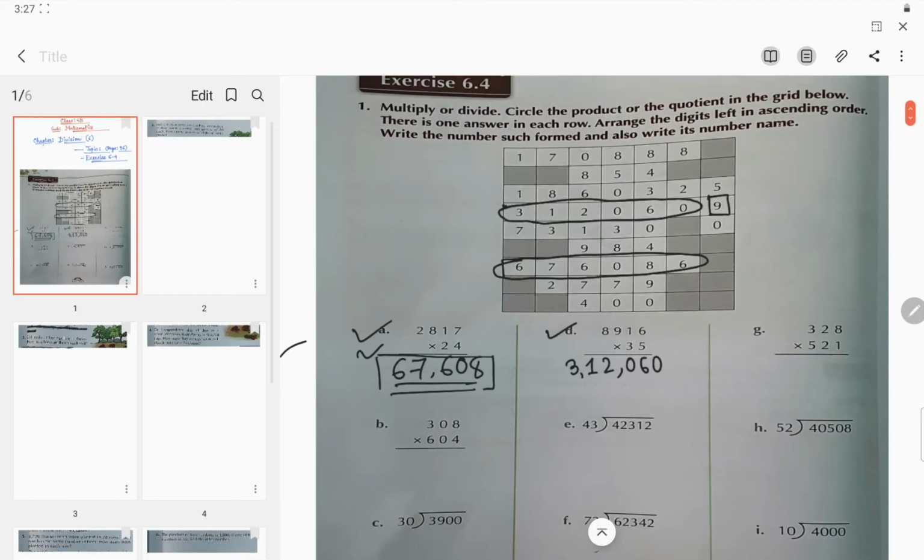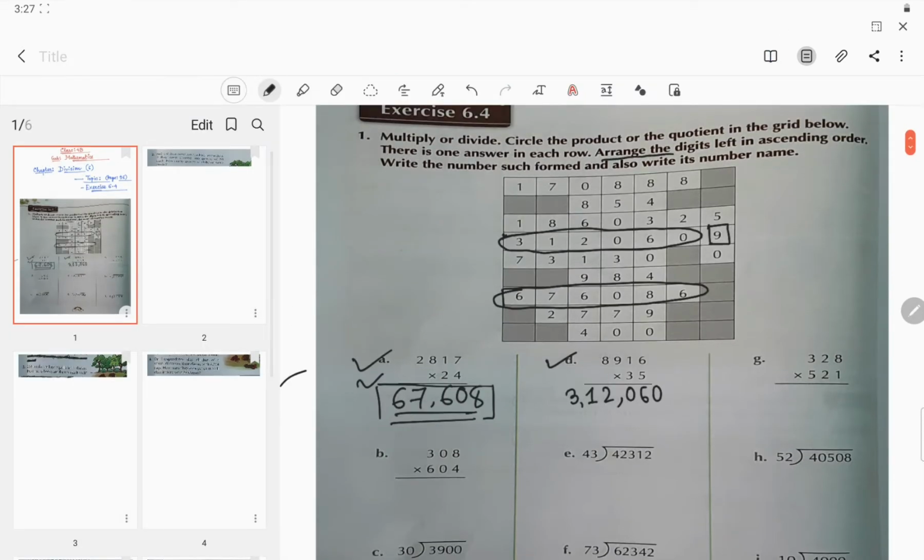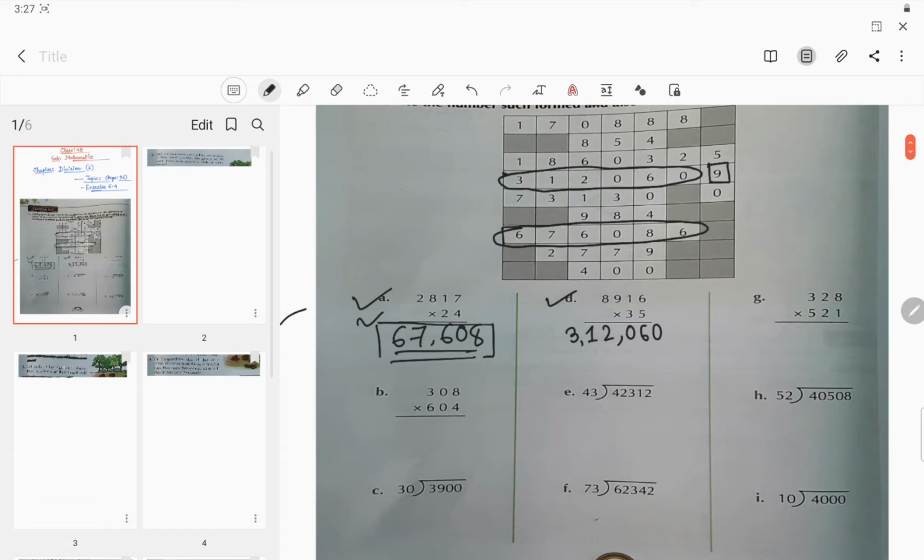Since it is given, arrange the digits left in ascending order. So if you do all the sums, you will get different numbers and you have to circle them. After getting all the answers, you will find that some numbers are left.